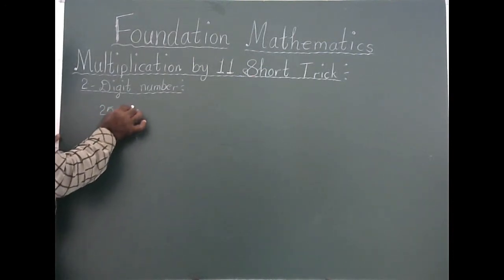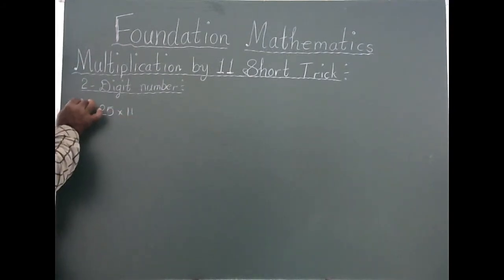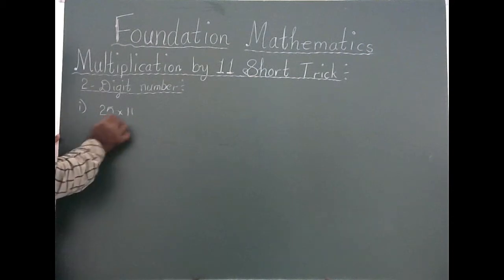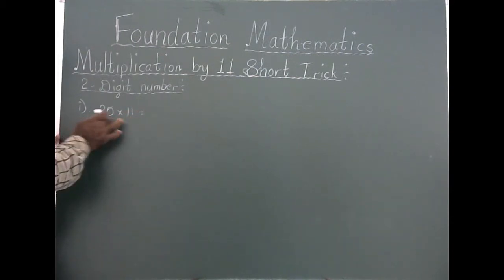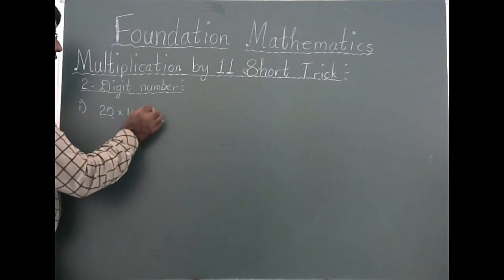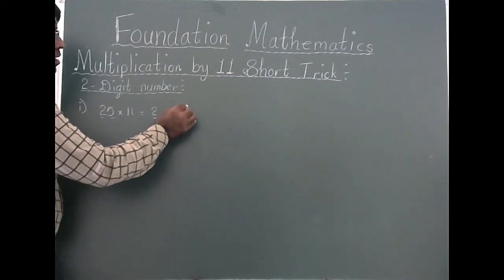25 by 11. This is the first digit, this is the last digit. As it is I am writing the first digit and the last digit.